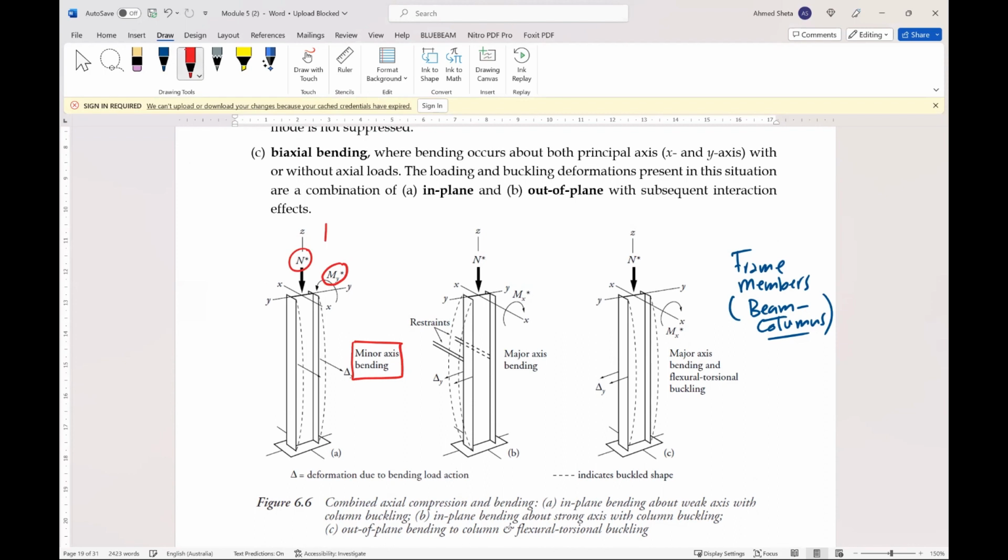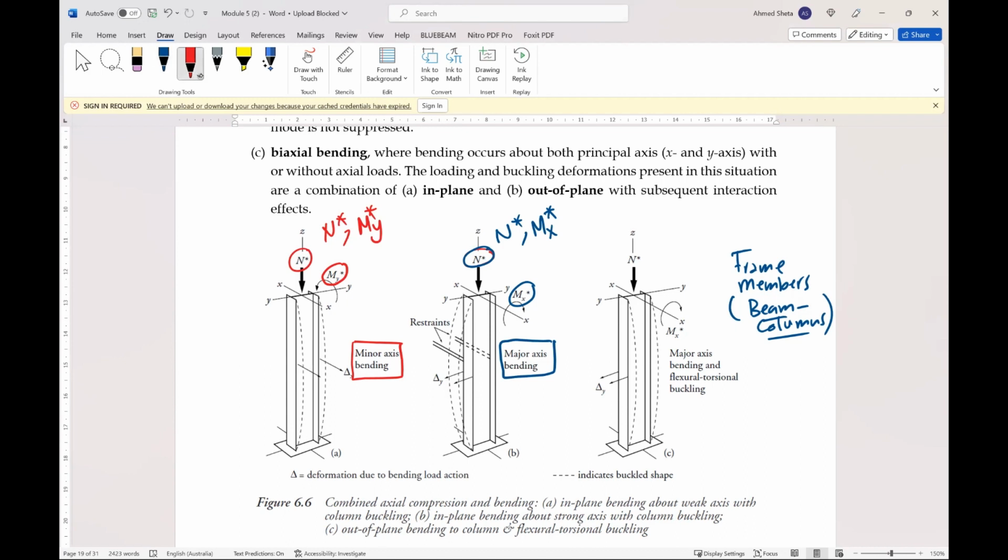So the first column is under N star and My star. The second column is also subjected to normal force and bending moment, but this bending moment is about Mx, so it is a major axis bending. So this member is subjected to N star and Mx star.